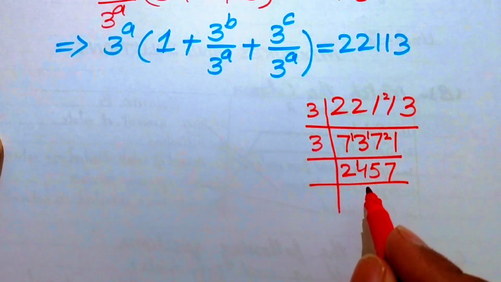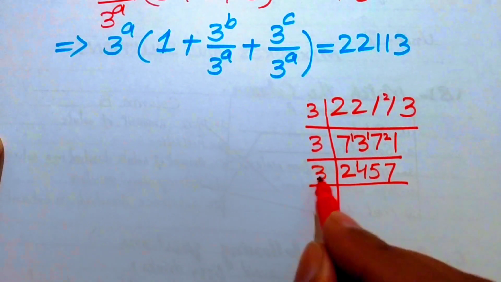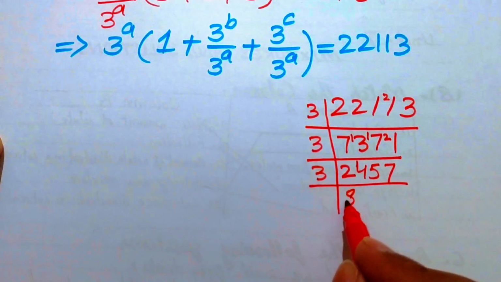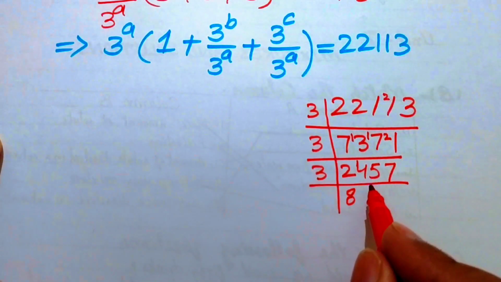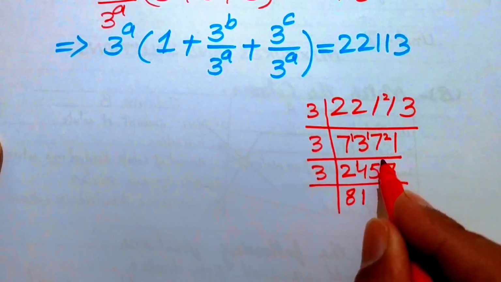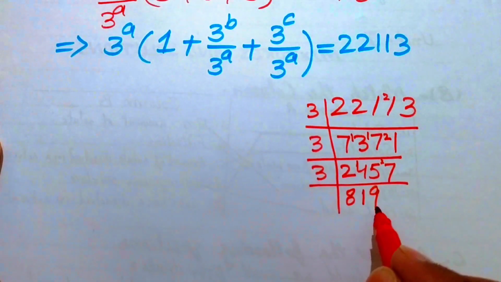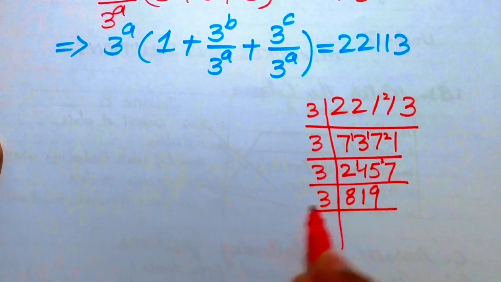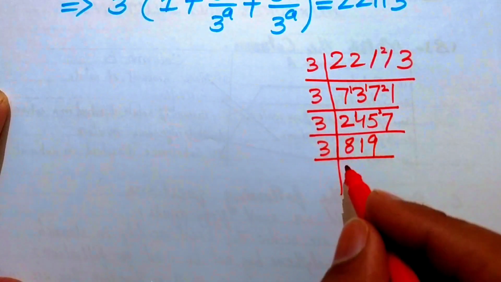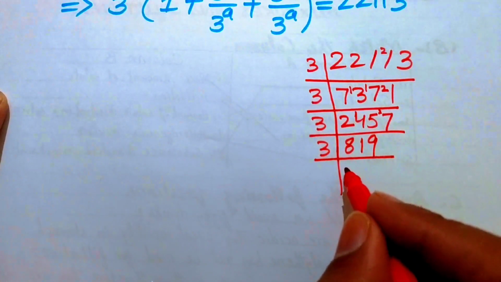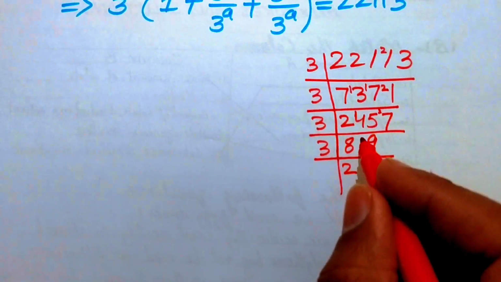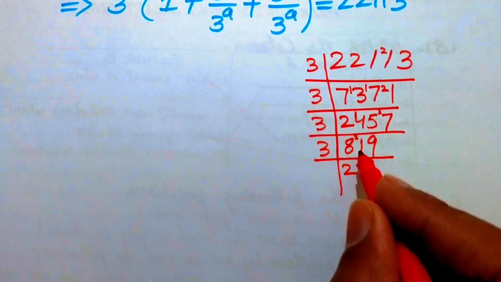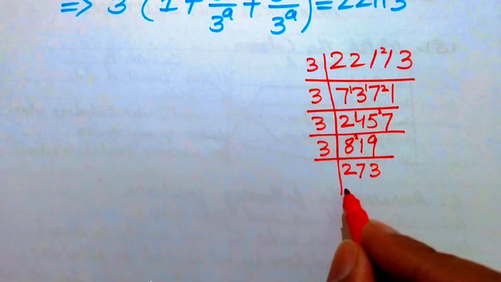Now we again divide it by 3, and 3 8s are 24, and 3 1s are 3 and you carry 2, and 3 9s are 27, and we again divide it by 3, and you obtain 3 2s are 6 and we carry 2, 3 7s are 21 and 3 3s are 9.